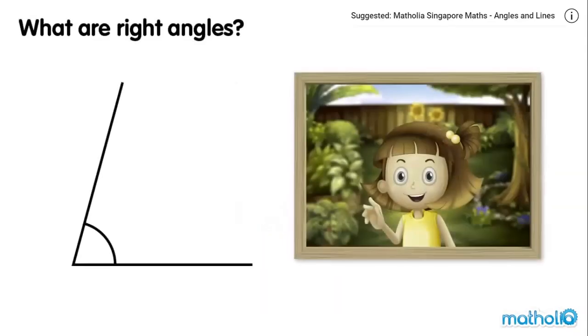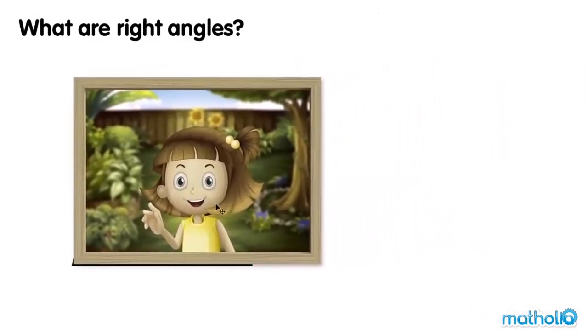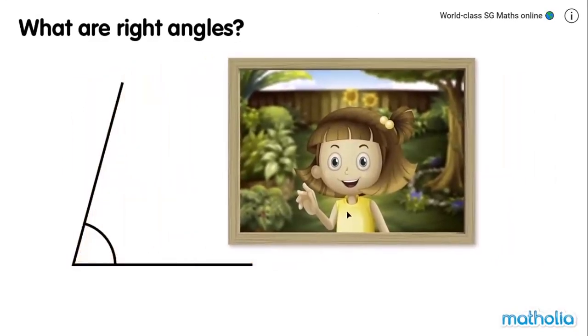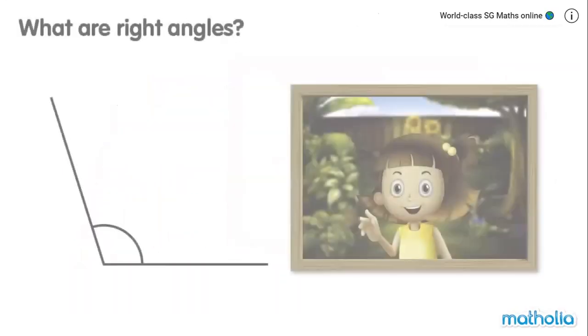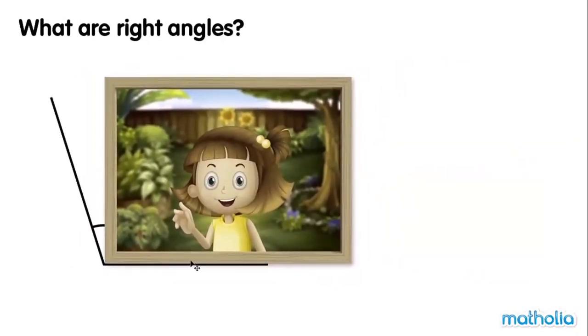To see if an angle is a right angle, we can compare it to the corner of a square or rectangle. Let's use the picture frame to see if the angle is a right angle. This angle is smaller than a right angle. This angle is bigger than a right angle.